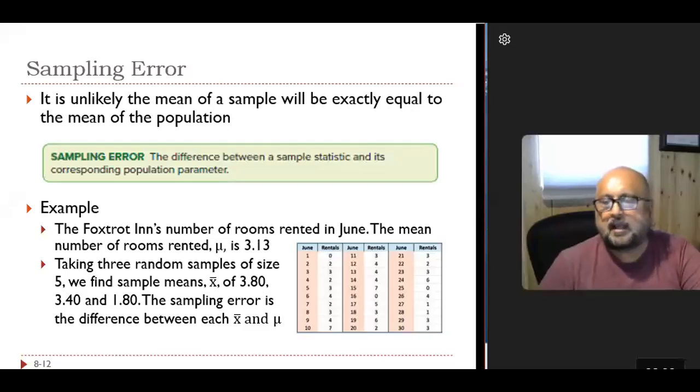That is the sampling error for that. And then when we subtract the 3.13 from 3.40, we get 0.27 as sampling error, and so on.